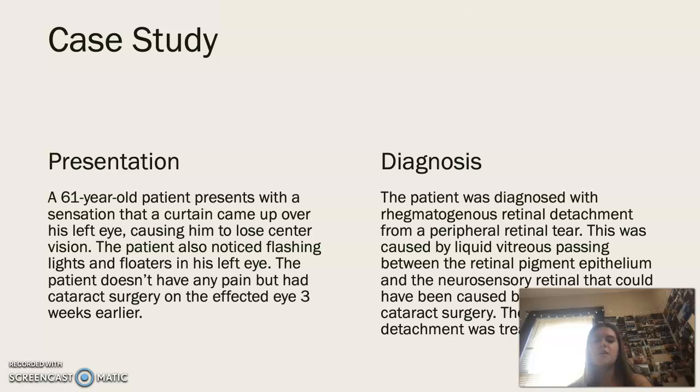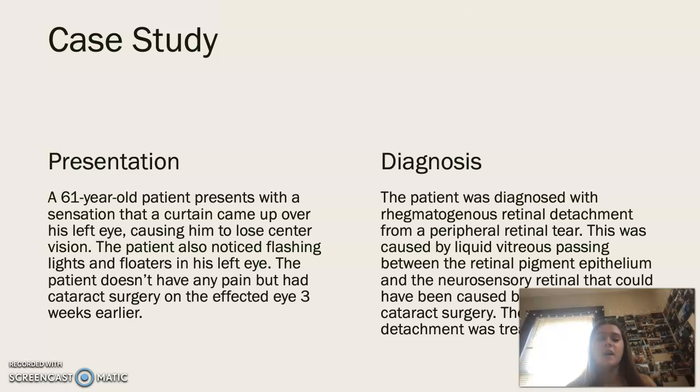This was about a week prior to coming in to the doctor's office, and he also noticed what he described as flashing in this left eye, as well as floaters floating around in his left eye. He doesn't have any pain, but 3 weeks prior to him coming into the office, he had cataract surgery on this left eye.